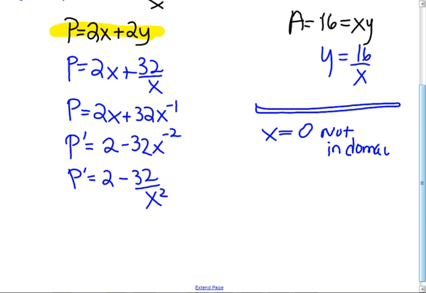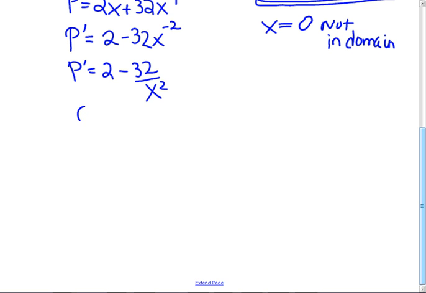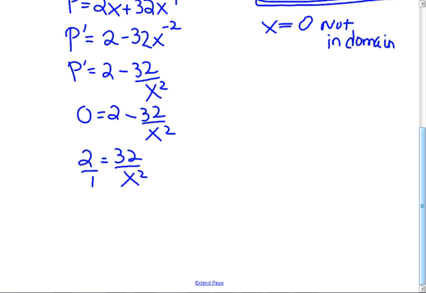You have to set it equal to 0. So 0 equals 2 minus 32 over x squared. So 2 equals 32 over x squared. And then I'm going to do what? Cross multiply. So 2x squared equals 32, so x squared equals 16.